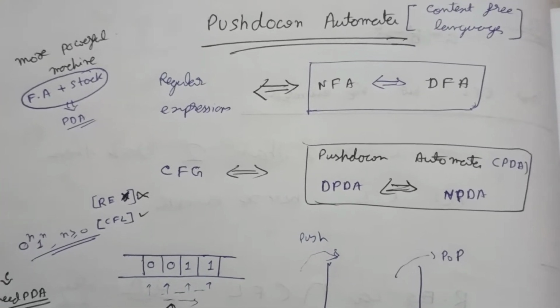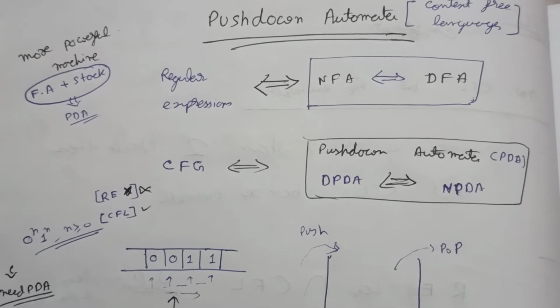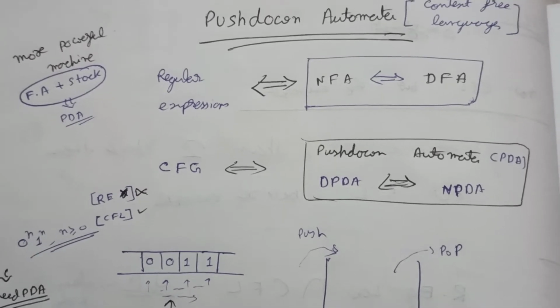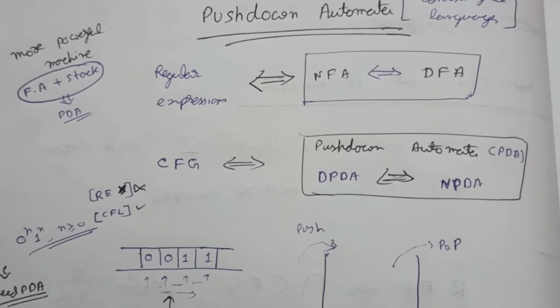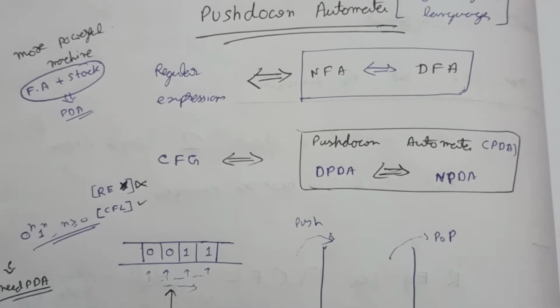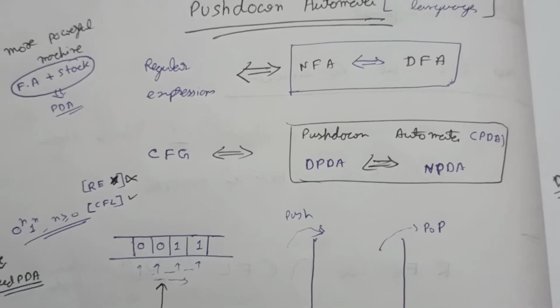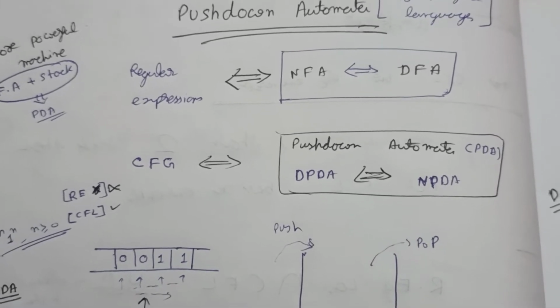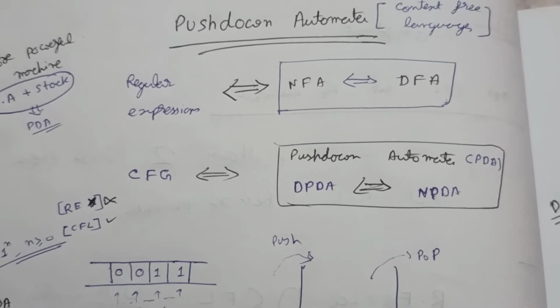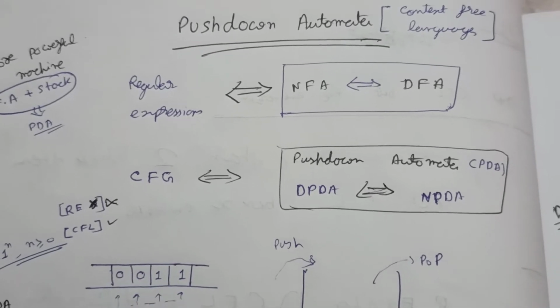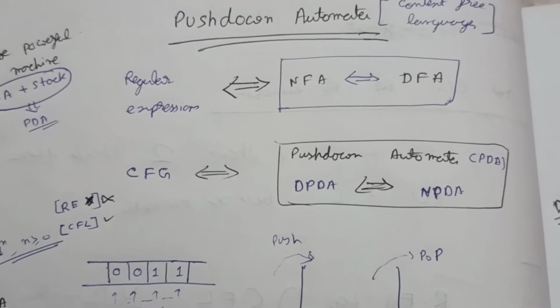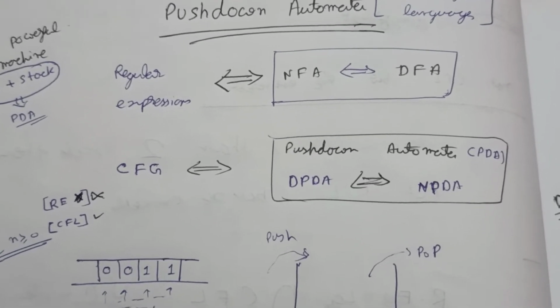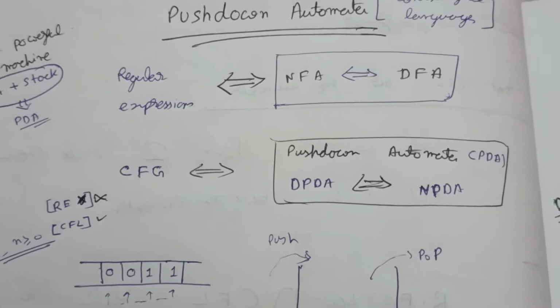Today we are going to learn about a new thing, that is a pushdown automata. So what is a pushdown automata? We already know what regular expressions and context free languages or context free grammars are. We know that we can express any regular language through a finite automata, but we cannot construct a finite automata for every context free language.